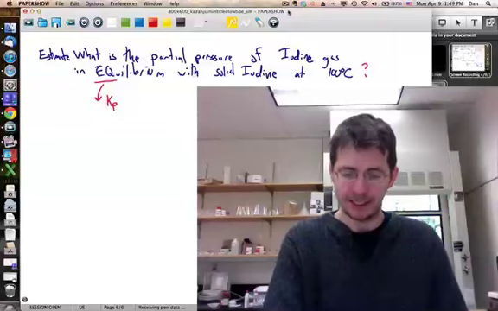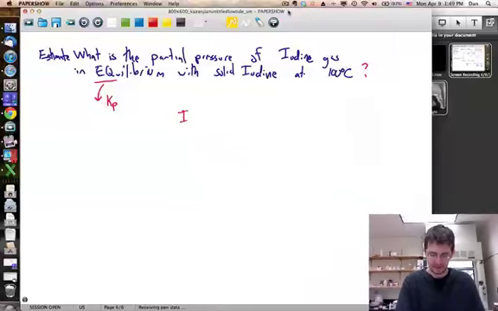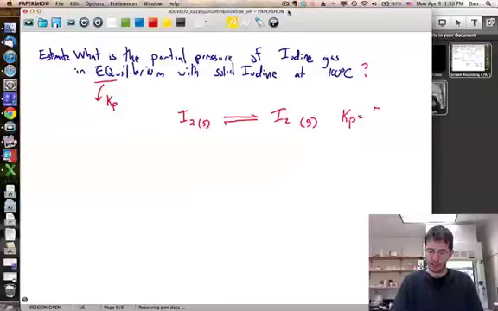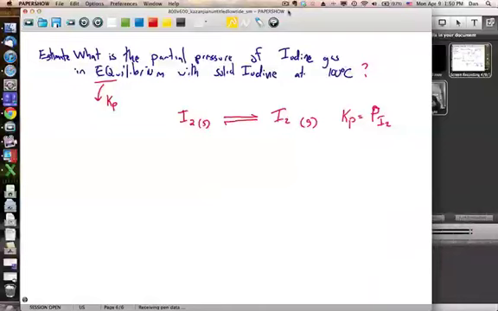What they tell us is that we have iodine solid in equilibrium with iodine gas. There's an equilibrium constant associated with that. We'll just call it Kp. In this case, Kp would equal the partial pressure of I2, products over reactants. All right. So how would we find that?